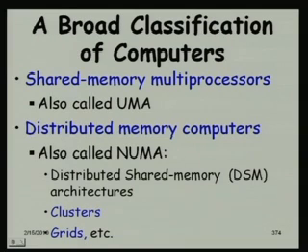And there are variations of these distributed shared memory architectures. Distributed shared memory is done basically for simplification of programming. Here the memory is distributed, but the operating system makes it appear to the application program that it is a shared memory.